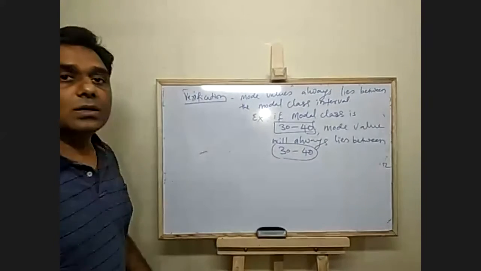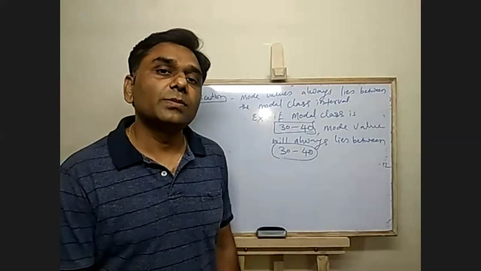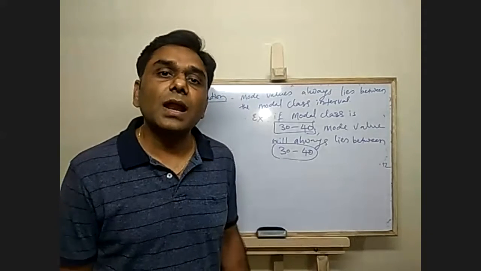Your modal value will always lie between 30 to 40. Then your calculation is correct, else it is wrong.